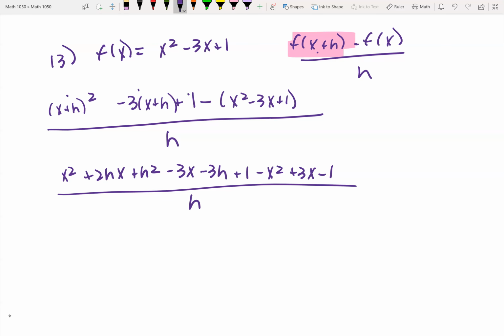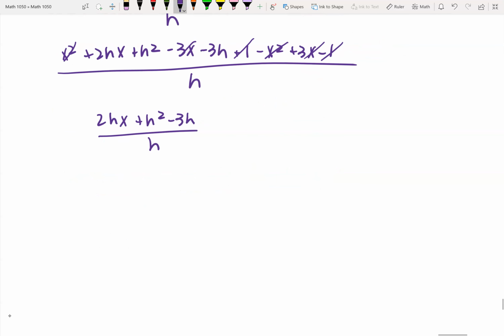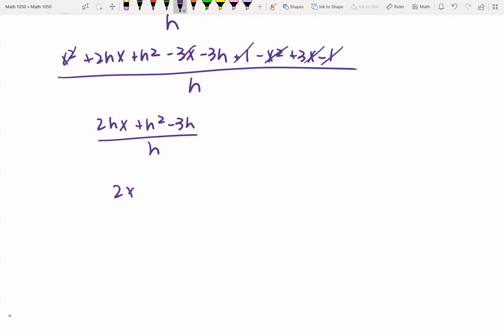You have to. So x squared minus x squared cancel. 3x minus 3x cancel. 1 minus 1 cancel. So I have 2hx plus h squared minus 3h over h. Everything has an h in it. So it's 2x plus h minus 3 all over 1, and I'm done.